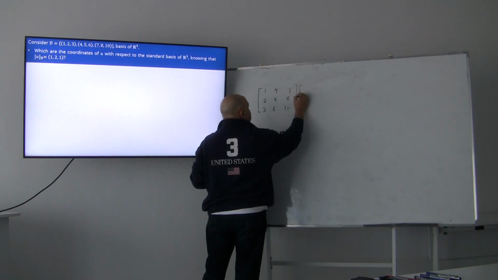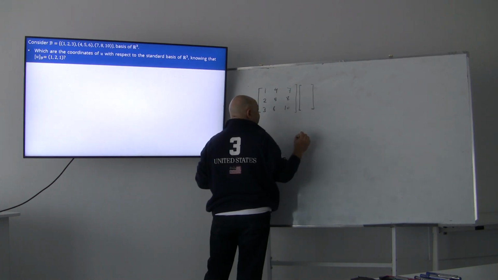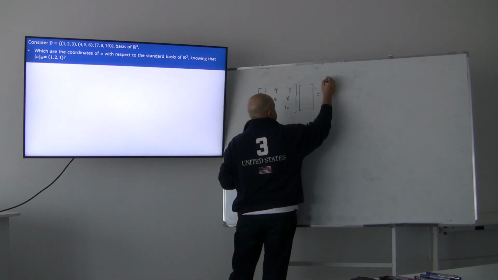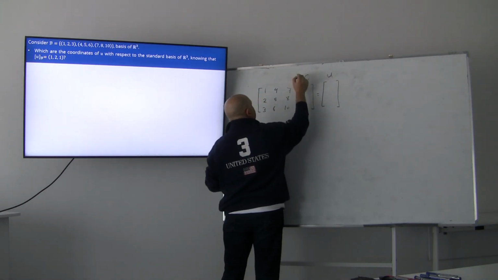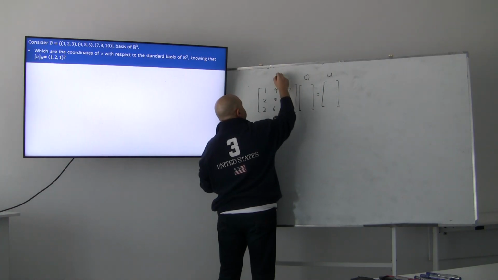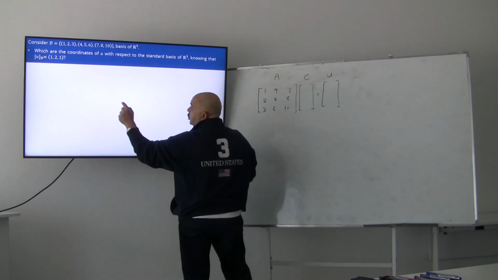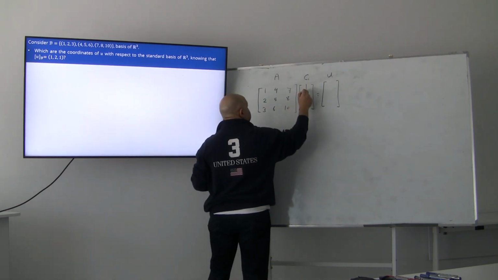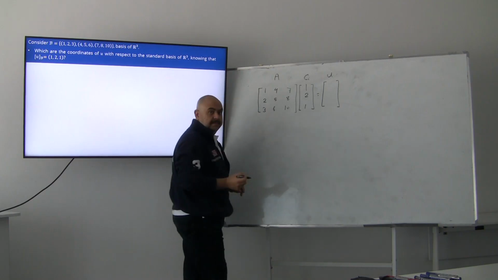I will multiply them by the coordinates. Now what I'm doing is that I'm getting the vector u. So this is mainly the column of the coordinates, and this is the A matrix. If I multiply them together using this combination, which is simply 1, 2, and 1, I will get the values of u.